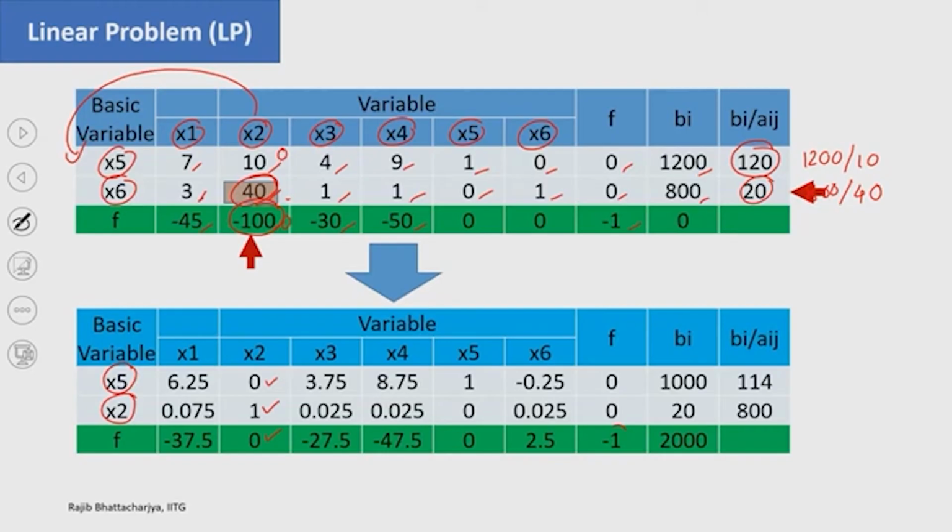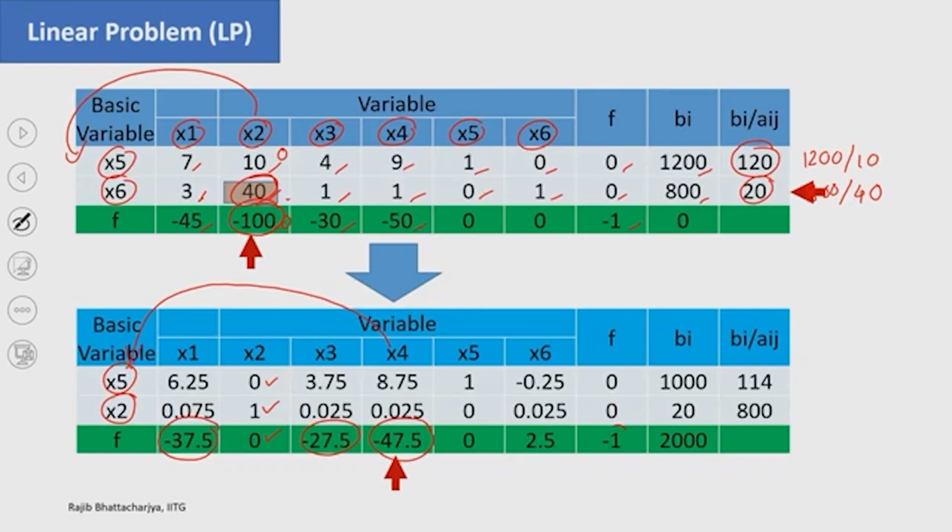Yes, we have: this is minus 37.5, this is minus 27.5, this is minus 47.5. That means I can still reduce the objective function value. I have to take the minimum one, so the minimum one here is minus 47.5. Therefore, x 4 will come into the basis.